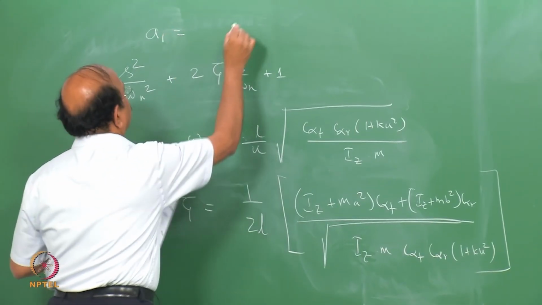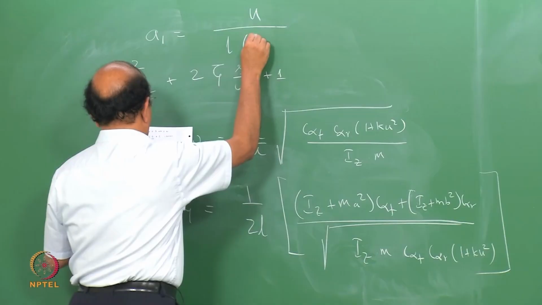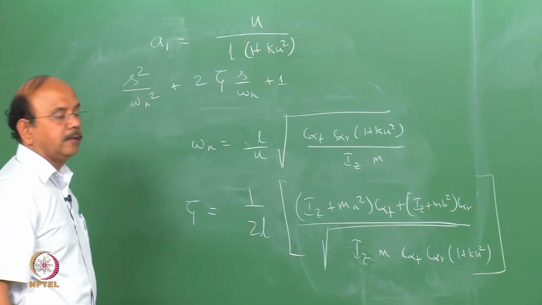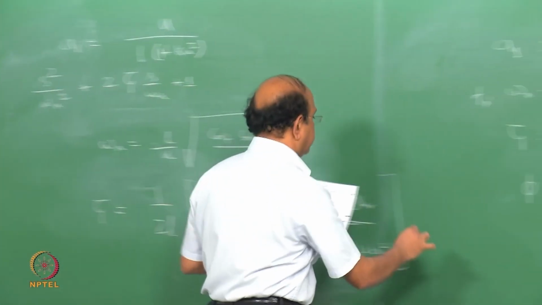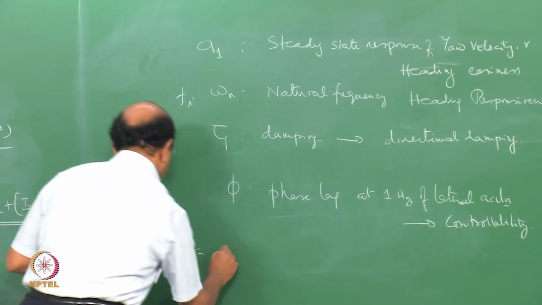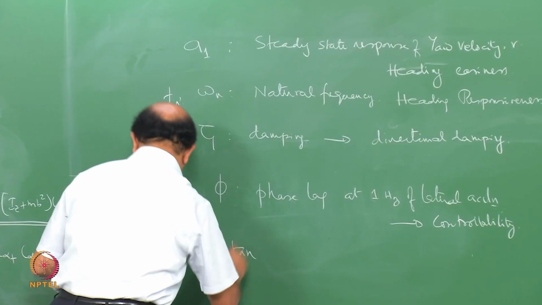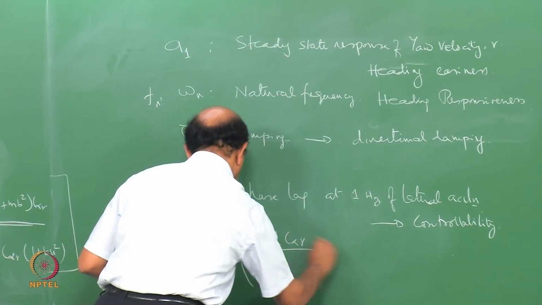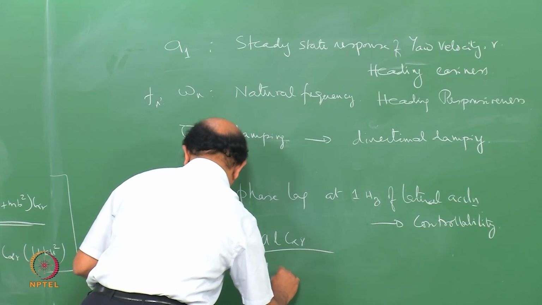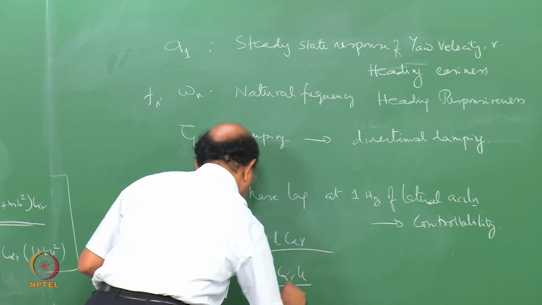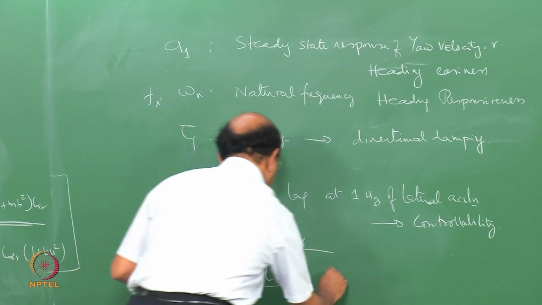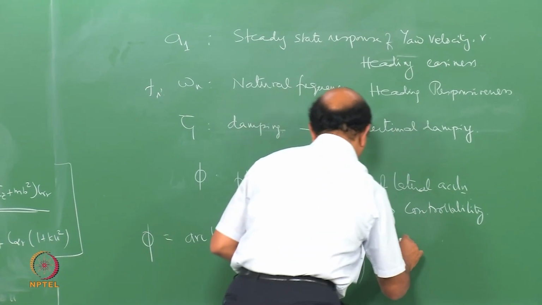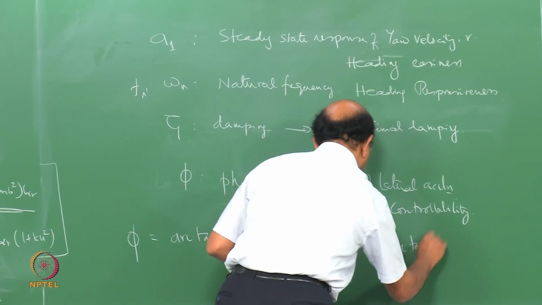A1, which you already have, is U divided by L into 1 plus K U squared. And phi is arc tan of L C alpha R divided by L C alpha R U divided by 2 pi minus pi I Z U. That's a lengthy expression, but I want you to check this.